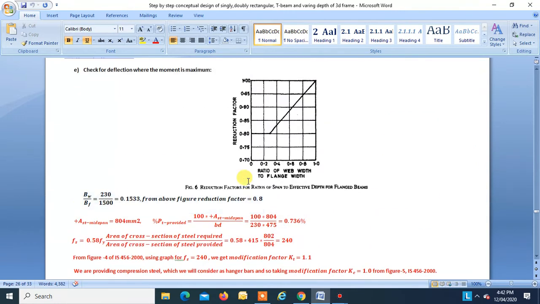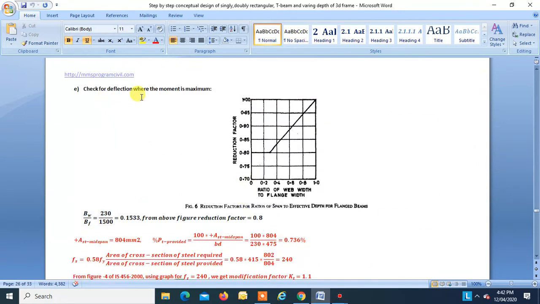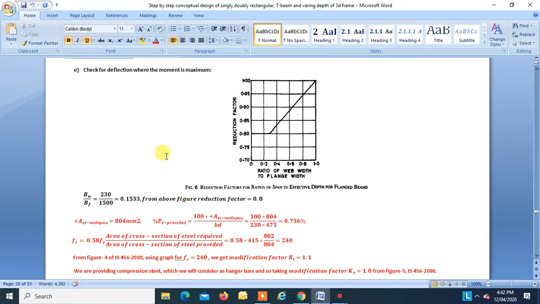Now coming to the check for deflection for the maximum positive moment. This is the figure given in the code, which gives us the reduction factor, which we have to multiply by the L by D basic ratio. We have to take the ratio of web width to flange width.